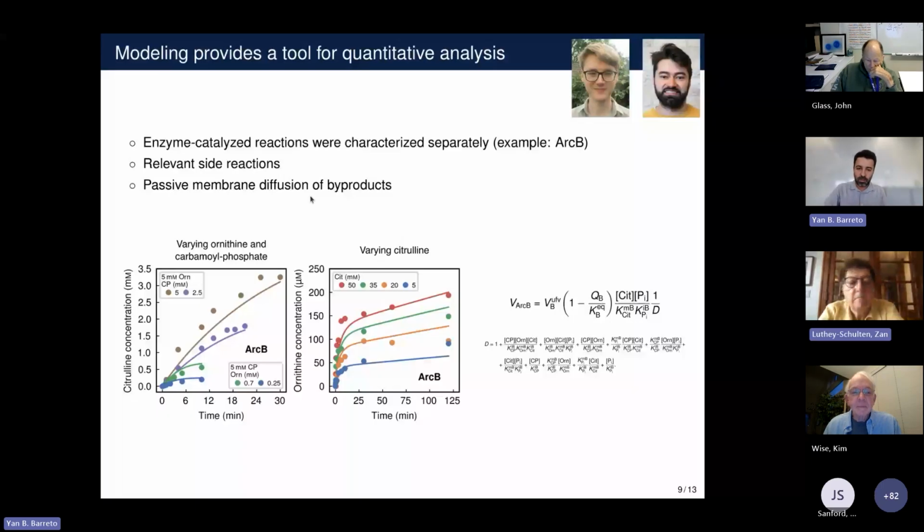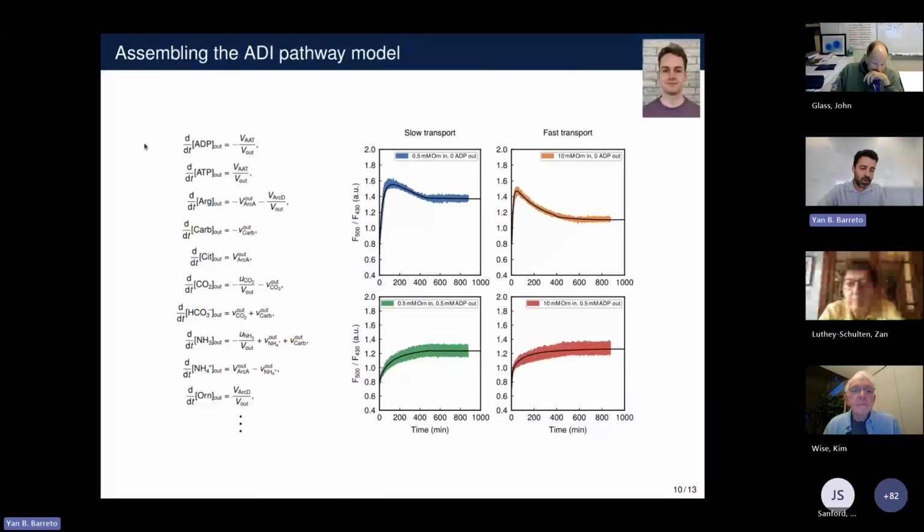So all of this is considered, and then after characterizing all of these reactions, we can assemble the model, which is basically a bunch of differential equations, as you can see here, master equations, as we call them in physics, in which on the left we have the variation of a given metabolite inside or outside the vesicles, which is related to the velocity of the reactions that we have characterized previously.